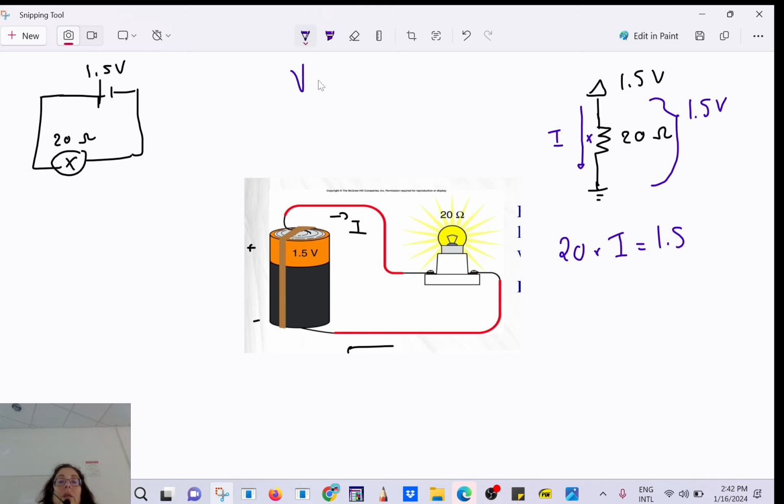Because Ohm's law equals the voltage drop across the load equals the resistance times the current going through it. Voltage drop is 1.5. It's falling 1.5. That was for people who are falling asleep. And so 1.5 equals 20 times I. So what's going to be I?